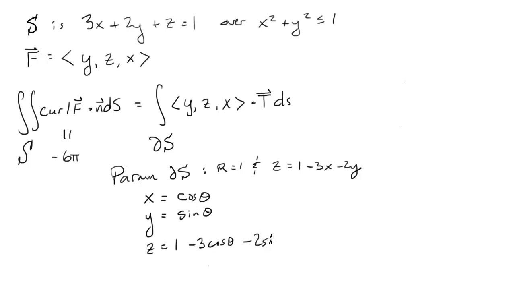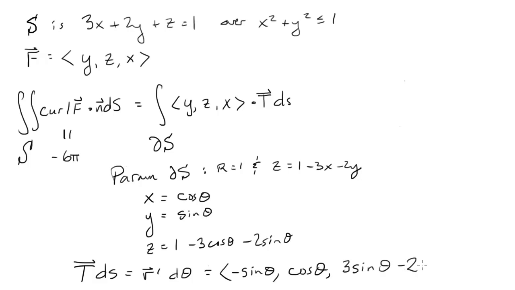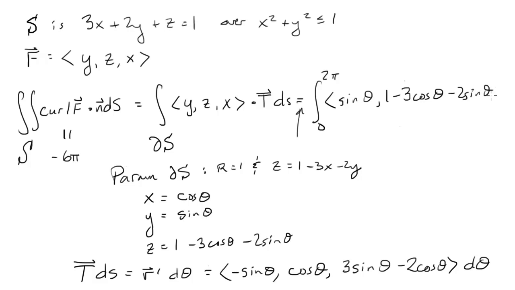So I'm plugging r equals 1 into my polar parameterization. One variable, that's a curve. T dS, r prime d theta. So I gotta calculate r prime. Plug in my parameterization. Got to plug my parameterization into my function too. Dot that with r prime.